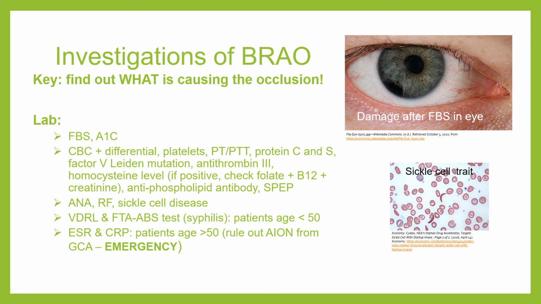ANA and RF are markers for lupus and rheumatoid arthritis, respectively. And sickle cell disease, we can rule that out too.